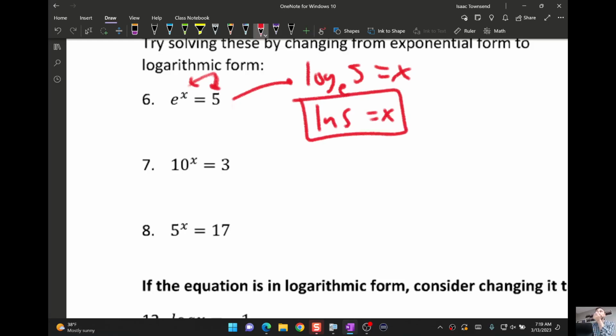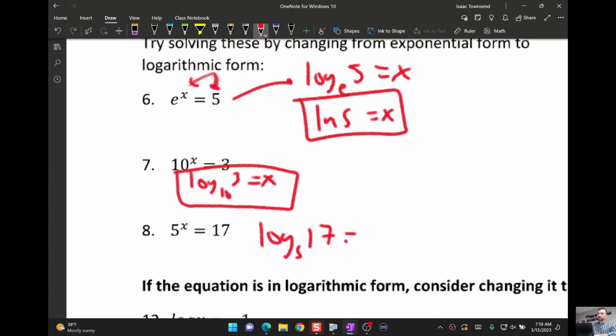Personally, I prefer to rewrite that as natural log, but okay, this is in exponential form. If I switch it to logarithmic form, it gives me x equals, so it is solved. So sometimes just switching the form is all that needs to be done. If it's not something I can do in my head, that's the next thing I would consider.